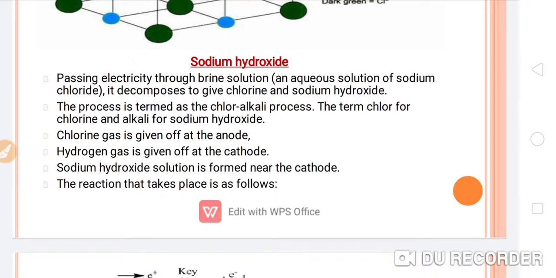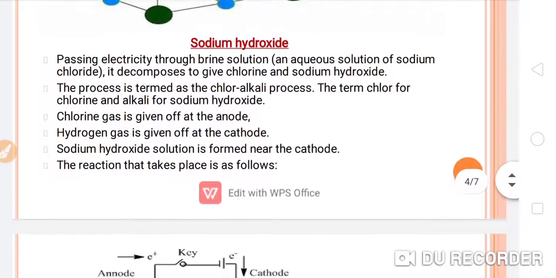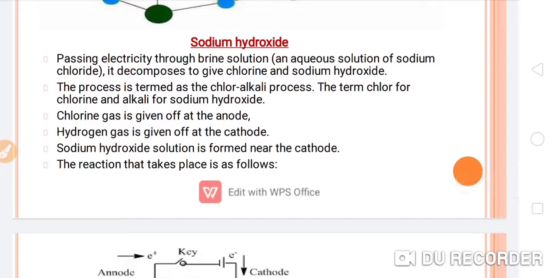When electrolysis is done for sodium chloride, it converts into sodium hydroxide and chlorine gas evolves. So this is the reason behind it. This process is also known as the chlor-alkali process.